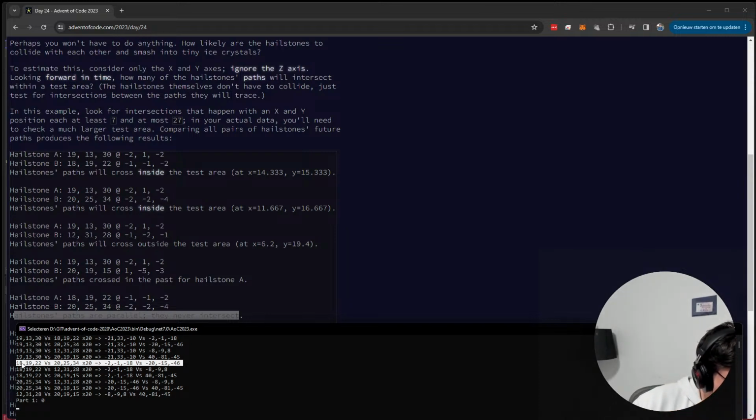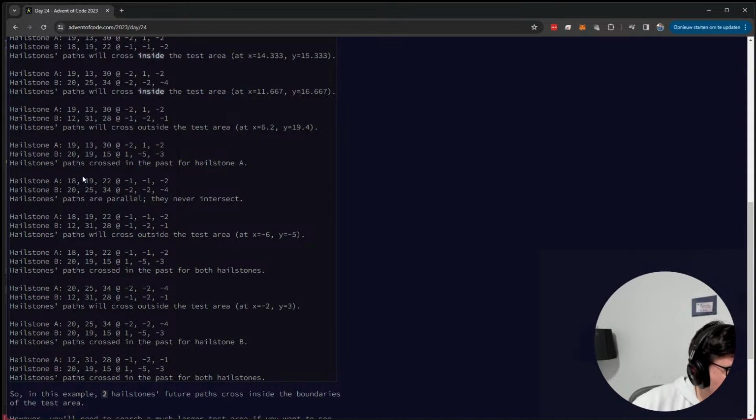Let me see. These both start out lower than each other. And now this one is higher and this one is higher. So shouldn't that mean that they crossed? Yeah, I really don't understand this one.